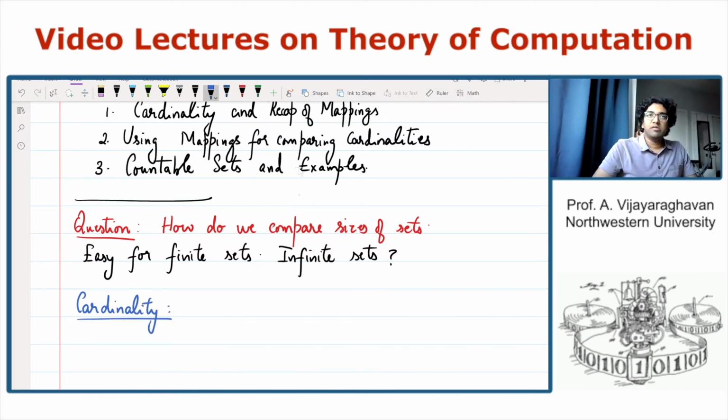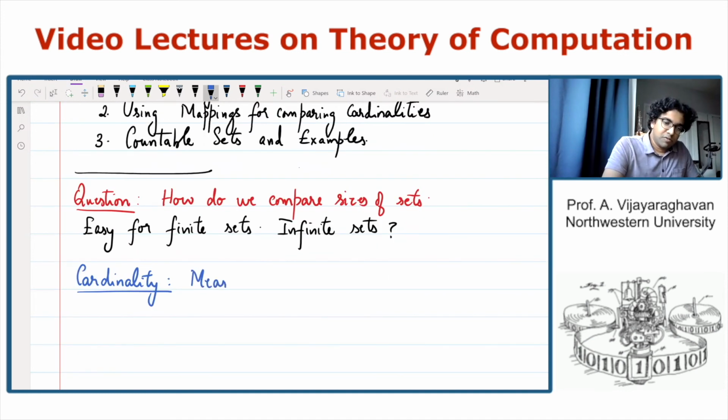So what is the cardinality of a set? The cardinality of a set is exactly just the size for finite sets, but you can just think of it as a measure of the number of elements in a set.